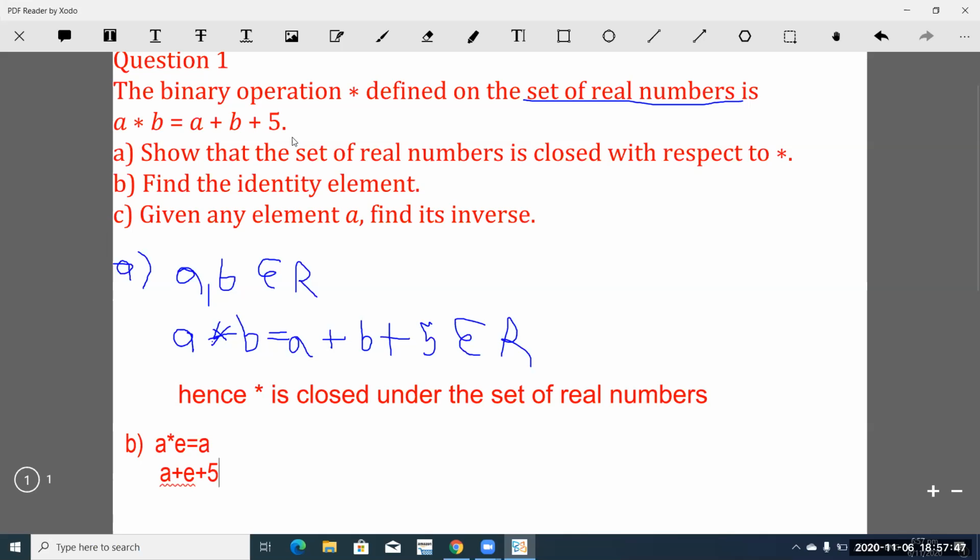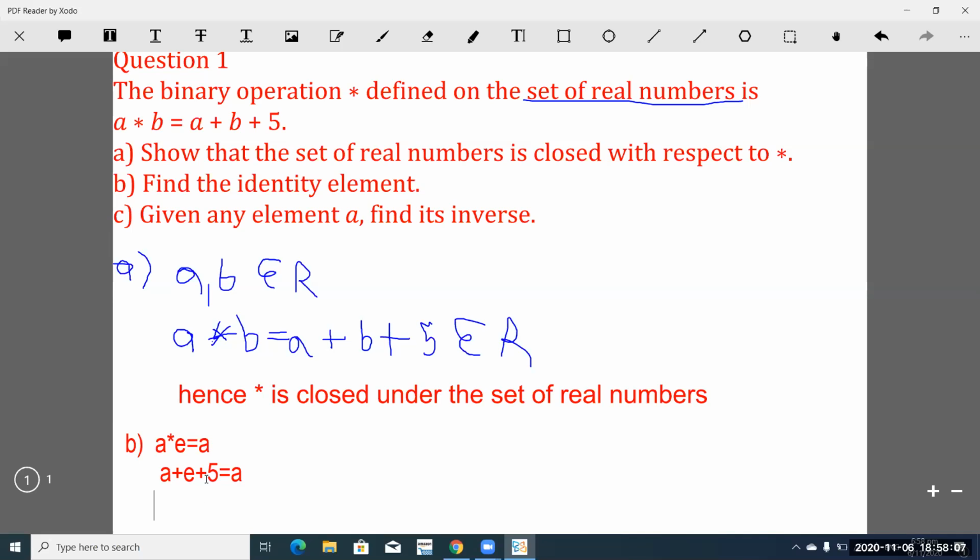You see that? And that is equal to A, because A star E is A, right? And so what we then need to do is make E the subject.